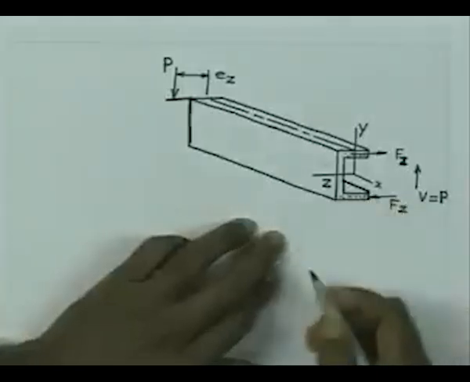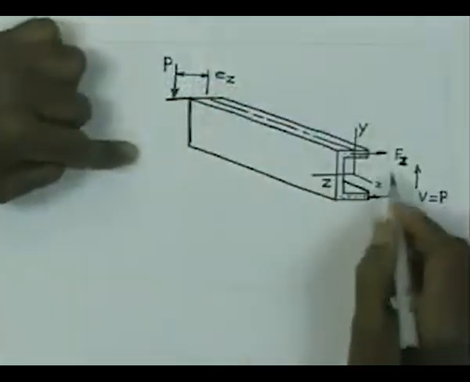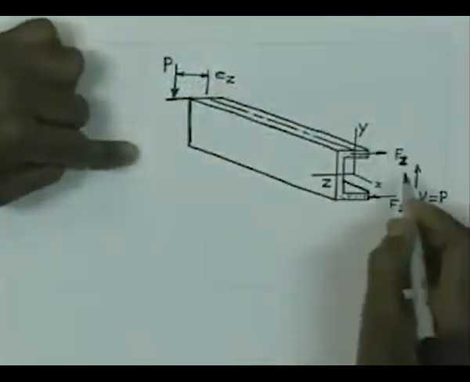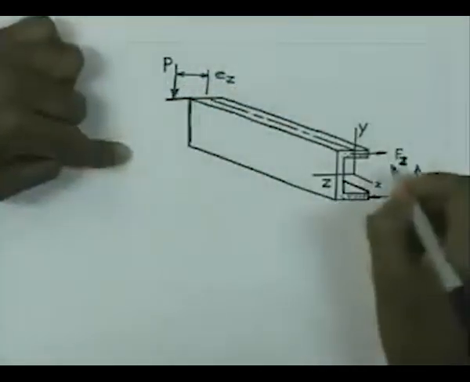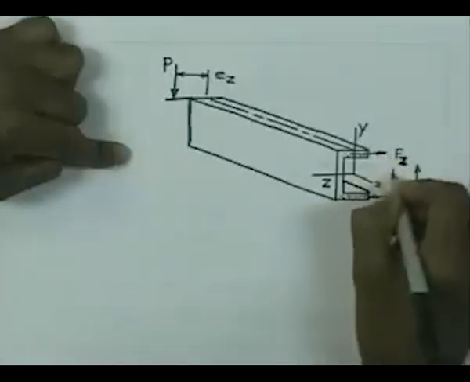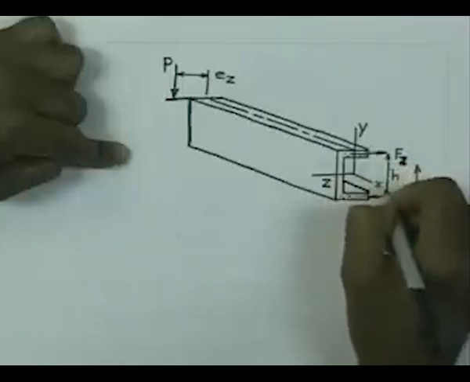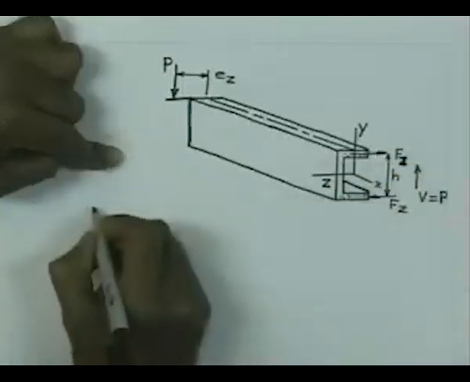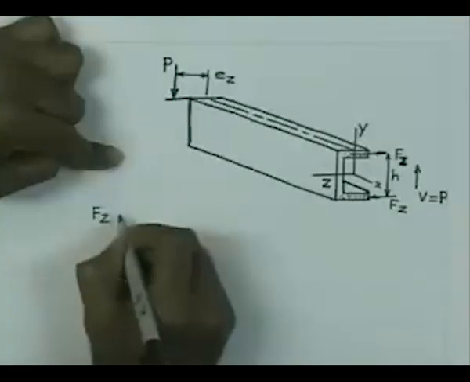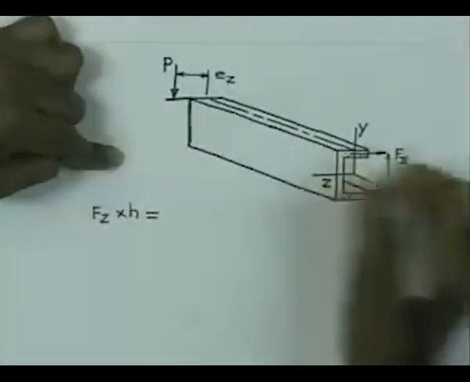Now, if we consider the moment of these forces Fz, and the height of the flange is, let us say, h, from here to here, then Fz into h is the moment, which is clockwise if we look.